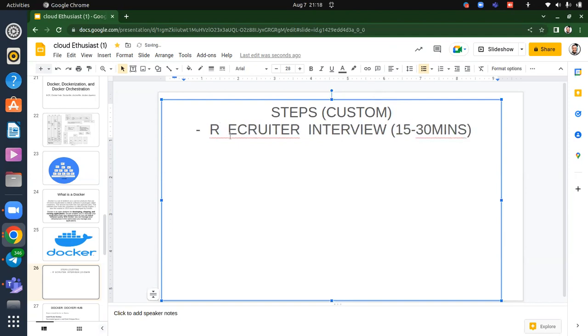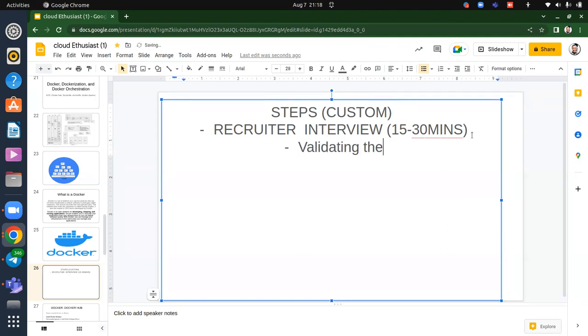It's centered on validating your resume and the person. Most times the interview is a video call.